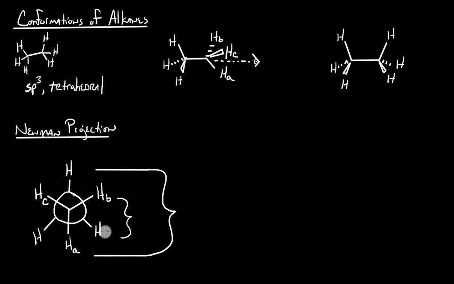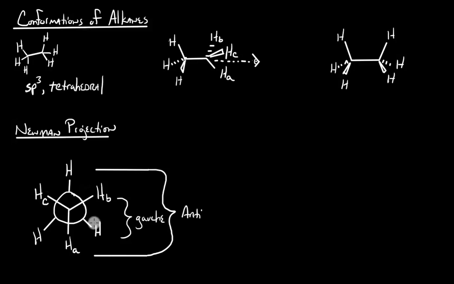So this hydrogen B and this hydrogen right here have a relationship that's so common it gets its own name. The relationship between hydrogen B and this hydrogen down low is called a gauche orientation. And the relationship between hydrogen A and this hydrogen up above is called an anti orientation. We can describe these two orientations by the degrees of separation between the two atoms.